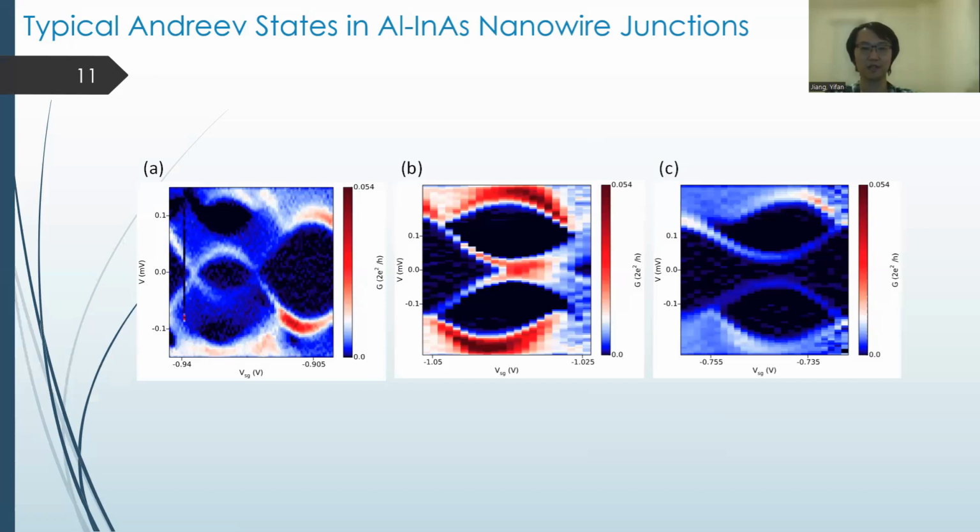We feel that it's more likely from trivial Andreev bound states. For Andreev bound states, the magnitude of the zero bias peak can be smaller than, larger than, or equal to 2e squared over h.